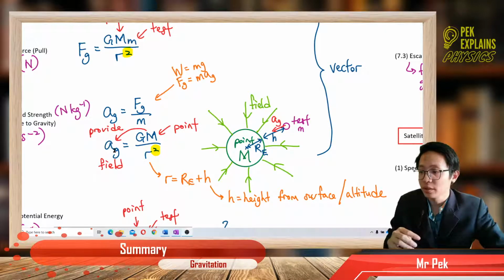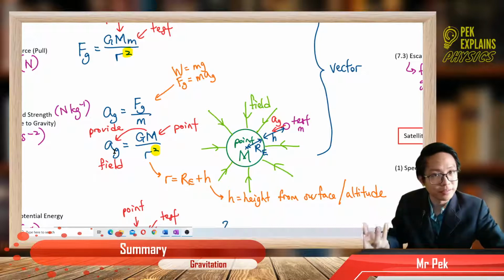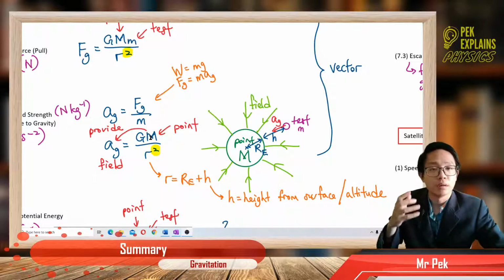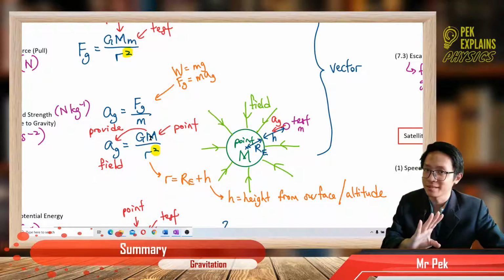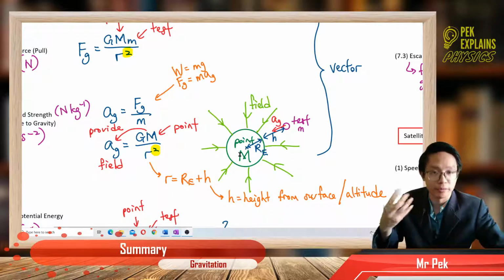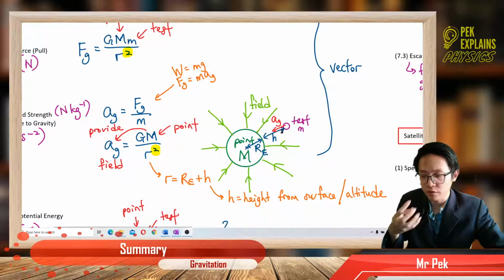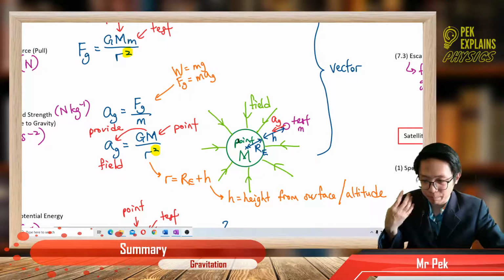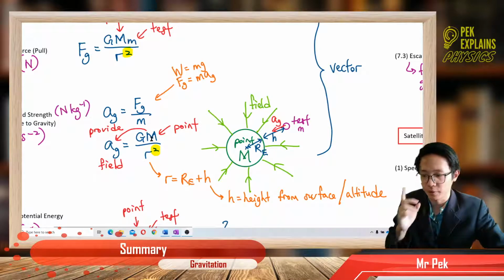So the gravitational field strength depends on the size of the point mass that provides the field. That's why we use the point mass, not the test mass. The test mass is inside the field of the point mass, so the gravitational field strength it experiences depends on the point mass.